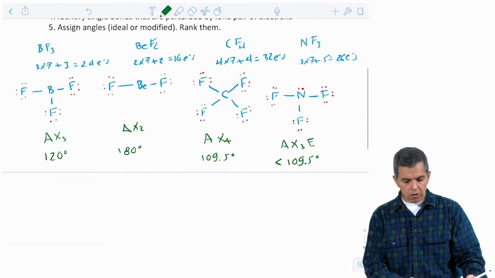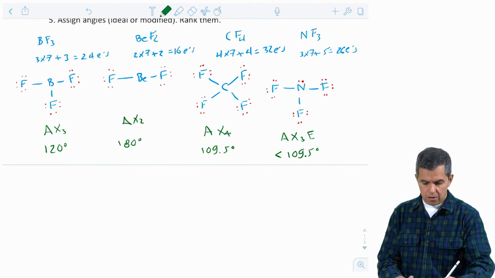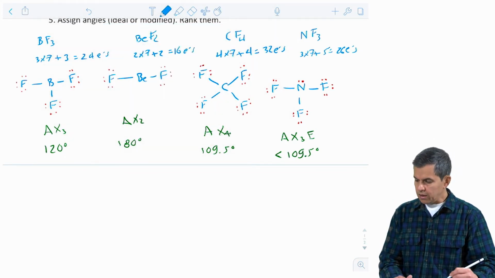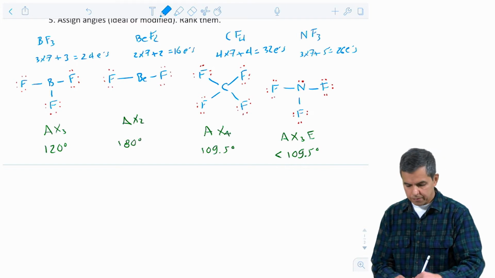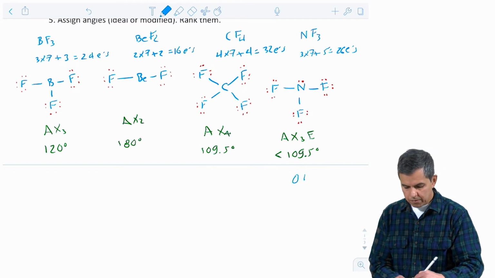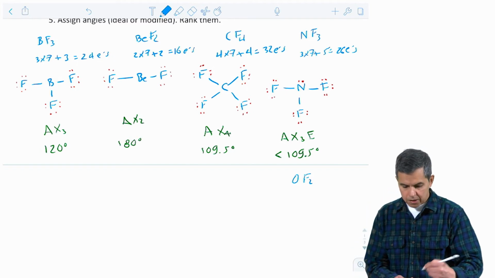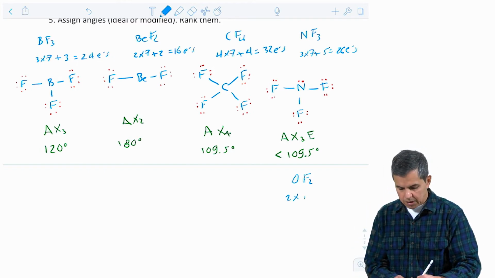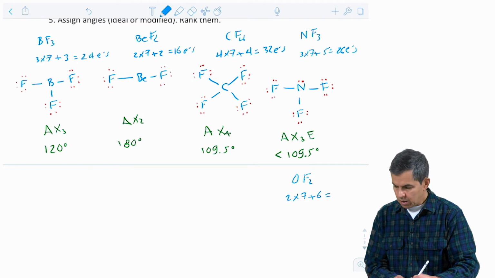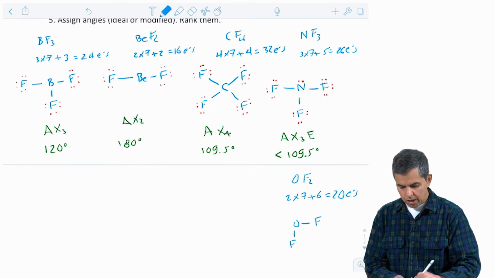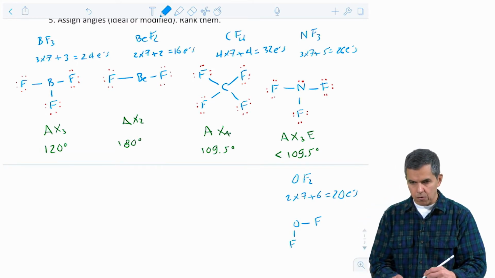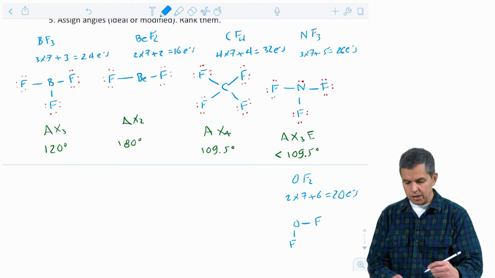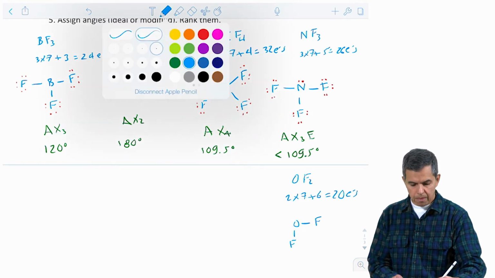The last structure of interest is that of OF2. OF2 has 2 times 7 plus 6, that's 20 electrons. The central atom is oxygen. We have 2 bonds, so that's 4 electrons, and we have 16 electrons to place.